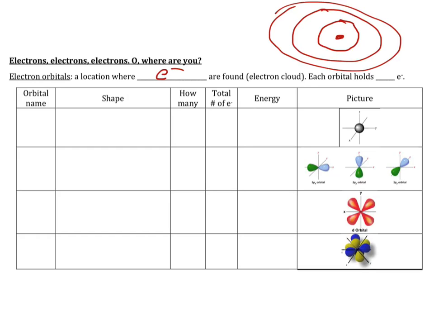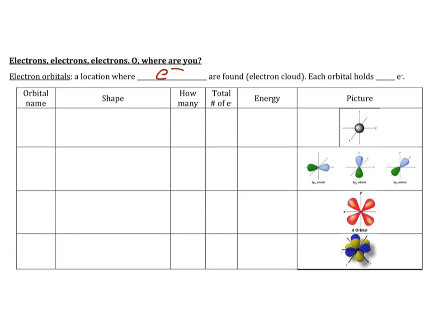And within each energy level, there's actually different types of orbitals. For example, the second energy level has s orbitals and p orbitals, and we're going to talk about that in a moment. But the point here is that in a given energy level, let's say this second energy level, you can have different types of orbitals. We're going to learn about those different types of orbitals.